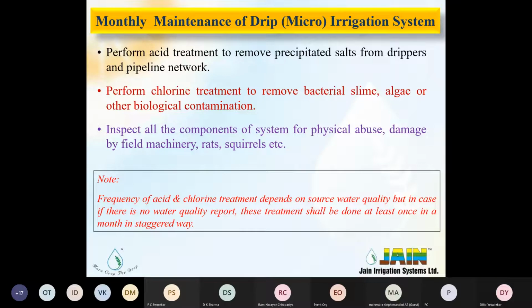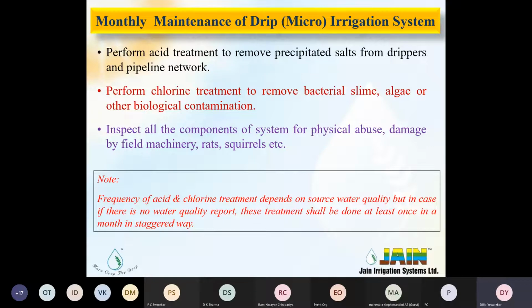This causes choking or clogging of the drip line and drippers, so acid treatment is required, and using acid is suitable to remove this. Normally we recommend hydrochloric acid, HCl, which is available in the market at 33% or 30% strength.